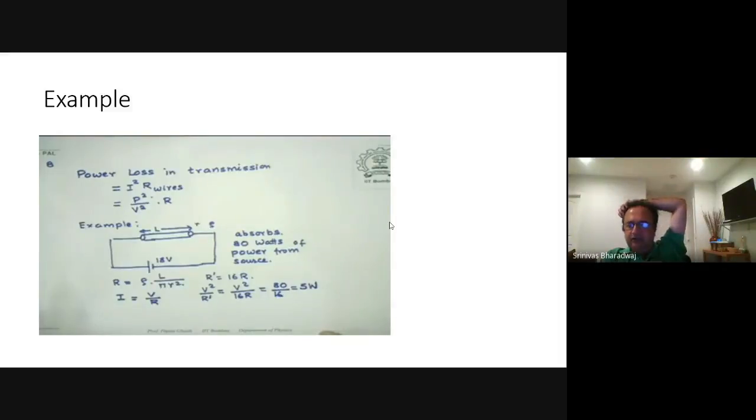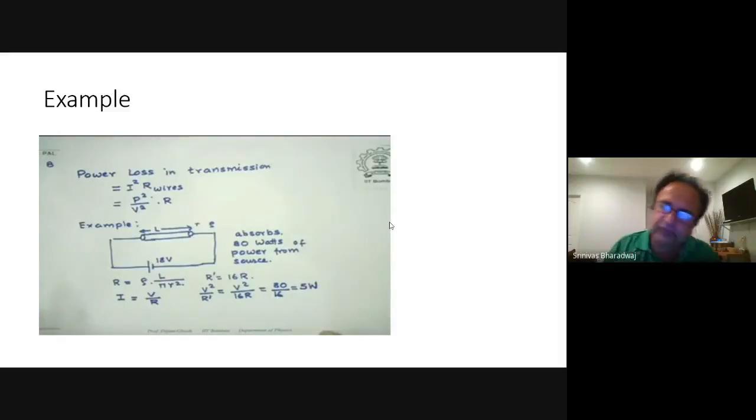Let's say the owner lives in Delhi, but your power company runs in an outskirt town, let's say Agra.